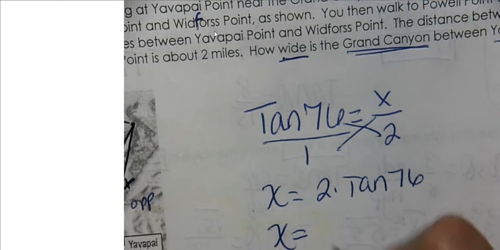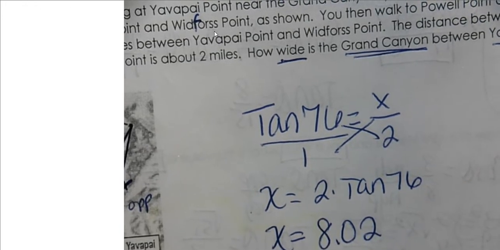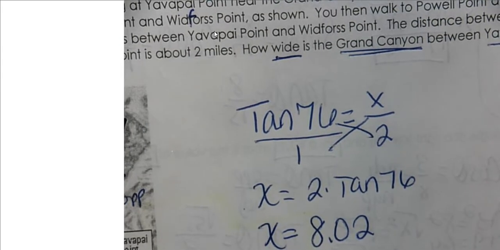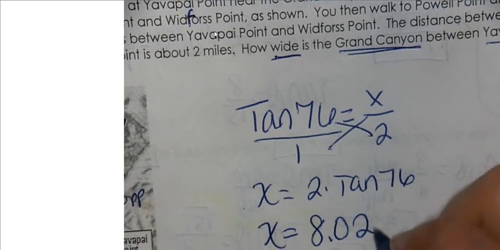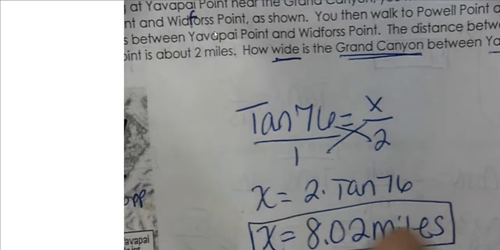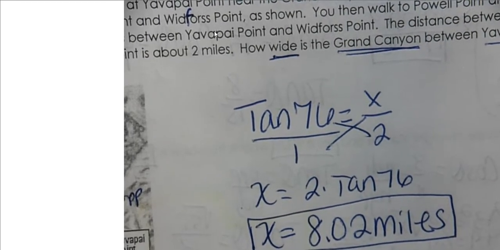The question is asking how wide is the Grand Canyon between Yavapai Point and Whitforce Point? Since everything was in miles, my unit is miles. So 8.02 miles. We have one more idea to talk about, so let's go ahead and flip the page.